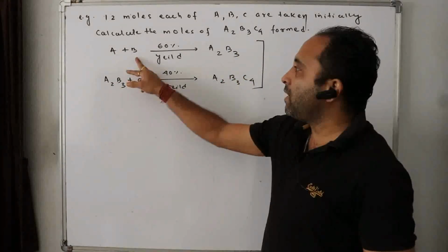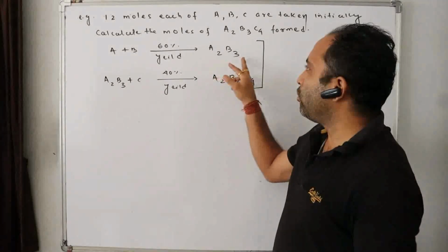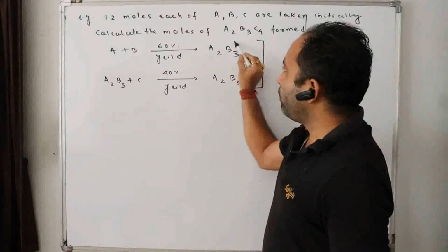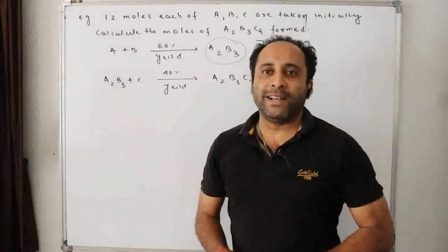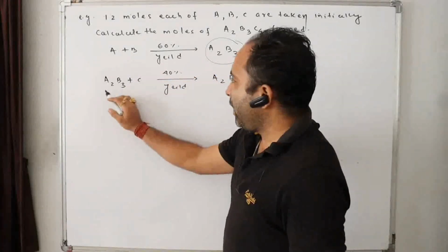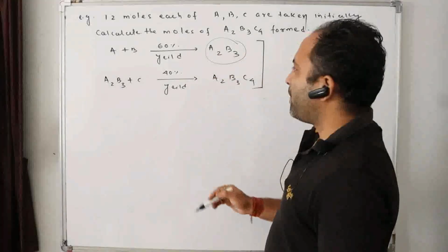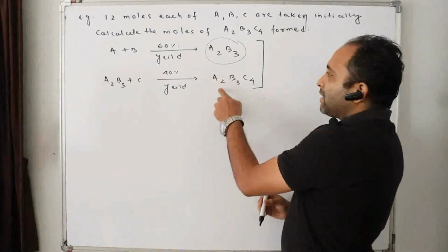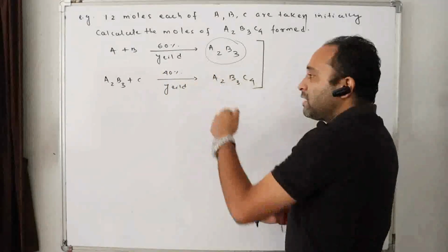A plus B gives 60% yield to form A2B3. That means A2B3 formed is only 60% of the expected yield. Okay. Now, A2B3 plus C gives A2B3C4, which is again 40% of the yield. That means we are expecting, 40% of expected yield is formed.